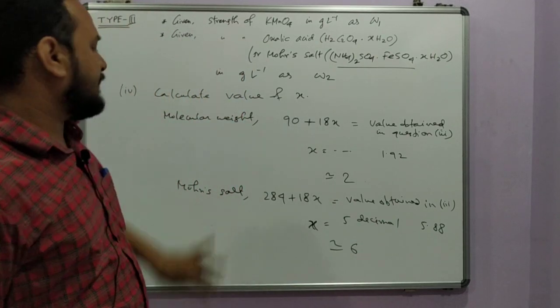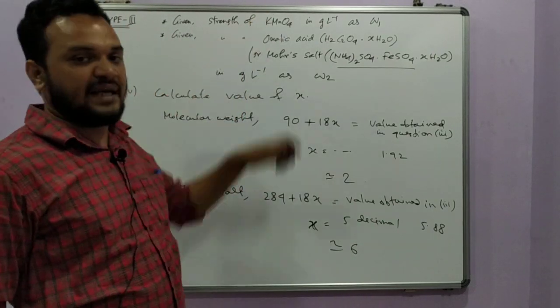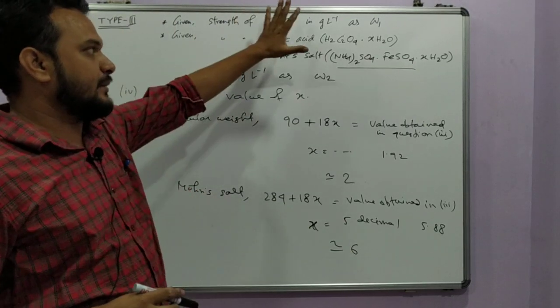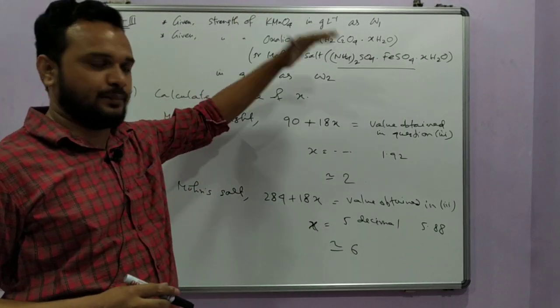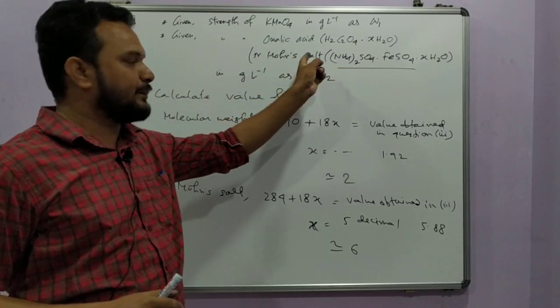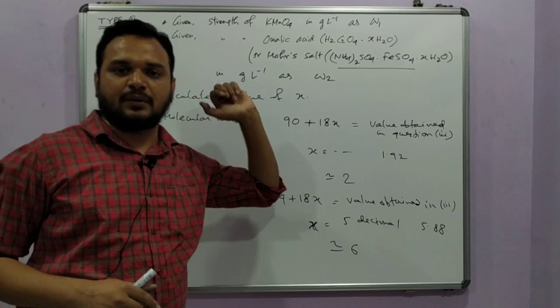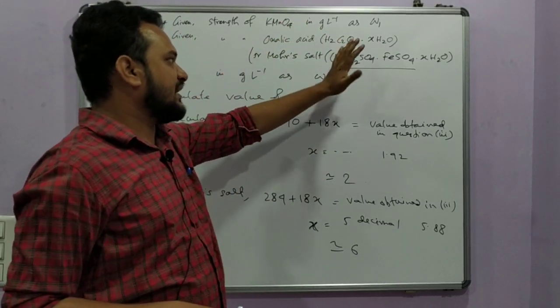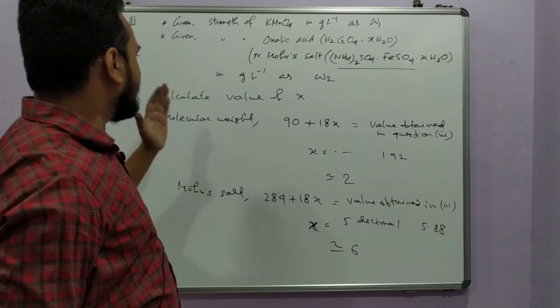So this is your type number 3, where both the samples are given as pure sample. First question, molarity of KMnO4, that is gram per liter strength by 158. Question number 2, molarity of the other sample that you get from M1V1 by M2V2 equals 2 by 5 or 2 by 10, depending on whether it is oxalic acid or Mohr's salt. Question number 3, molecular weight.